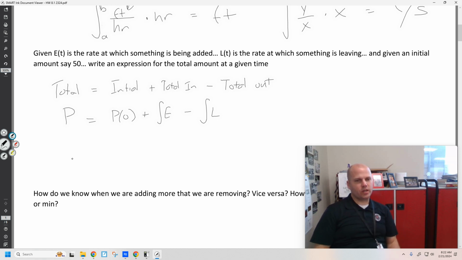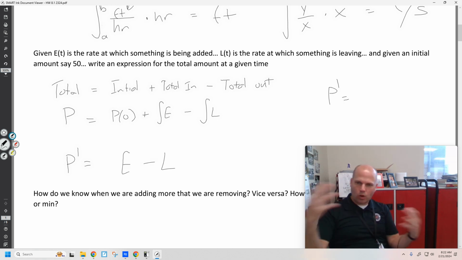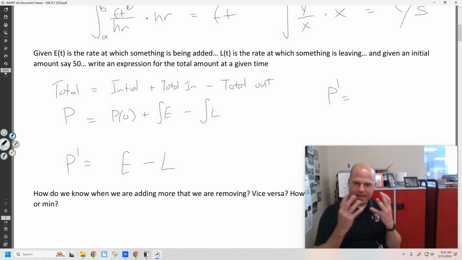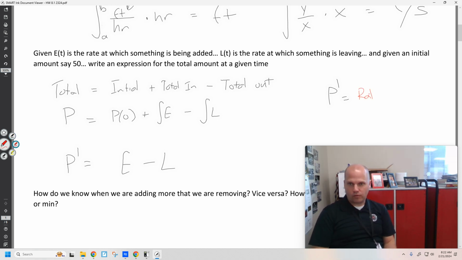But watch what can happen when I take the derivative, the antiderivatives are going to kind of go away. Like the integrals are going to go away. I realize that rate in minus rate out, if I have two velocities, one coming in, one going out, combining them and subtracting them gives you one velocity.